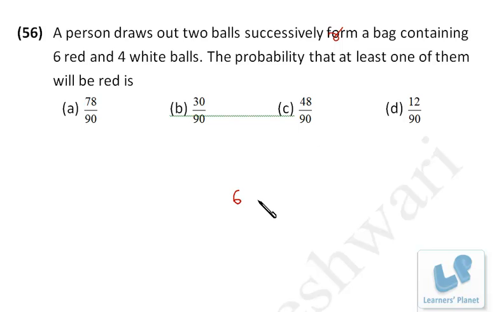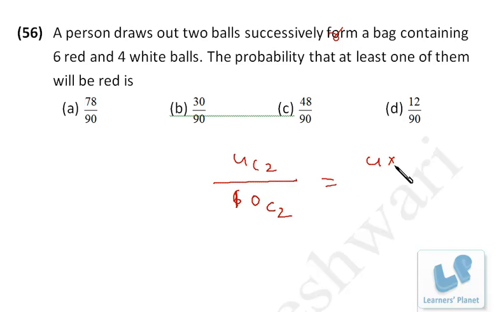So in all there are 10 balls, 6 plus 4. Out of 10 we have to draw 2 balls, that's 10C2. And what are the favorable events? We are drawing both the balls as white, so it's 4C2, right?